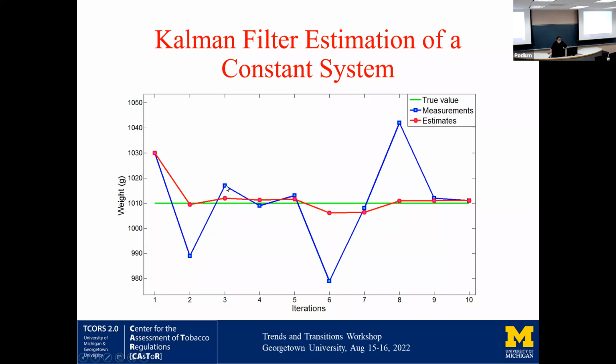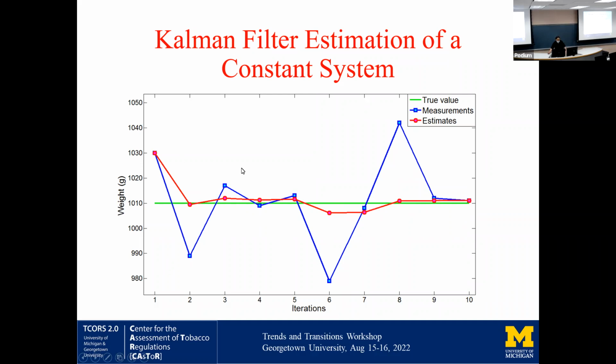We get the information, and then we correct. We get the new information, and then we correct, and so on. After a few iterations of the filter, you see how the Kalman filter is converging pretty rapidly to this unobserved true value of the system. That's the green line.